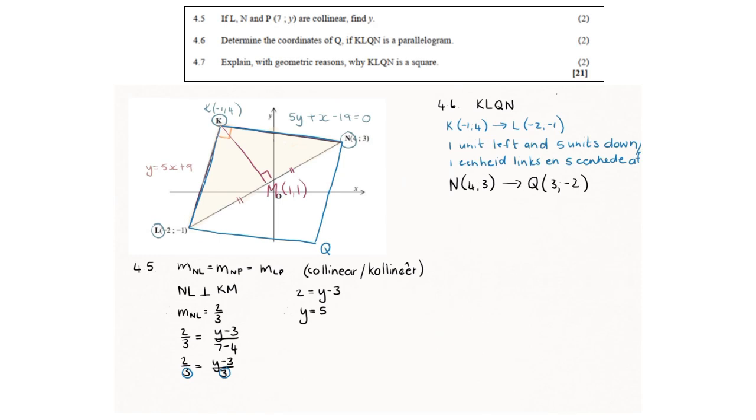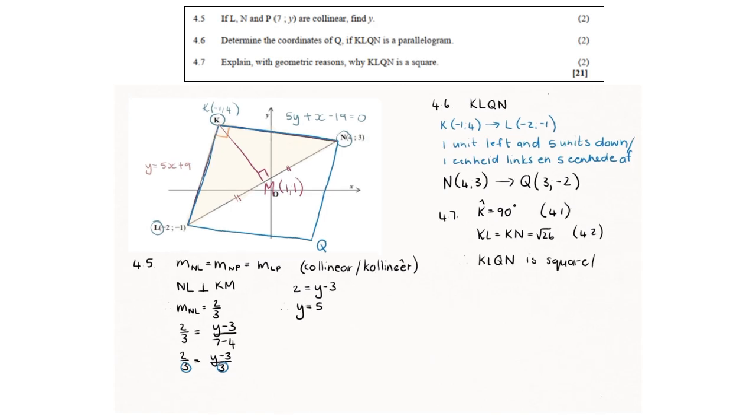In the last question, we have to explain with geometric reasons why KLQN is a square. Now, first of all, angle K, we said from question 4.1, is equal to 90 degrees. And in question 4.2, we saw that the adjacent sides, KL and KN, is equal to square root 26, and they are equal.